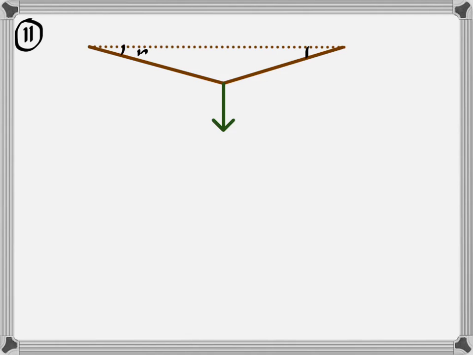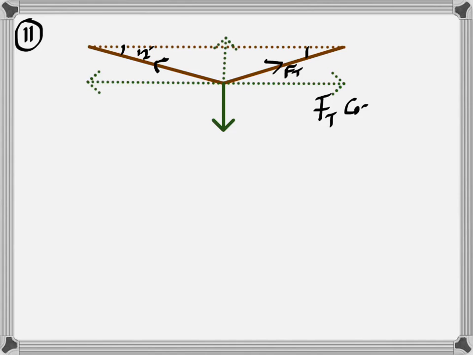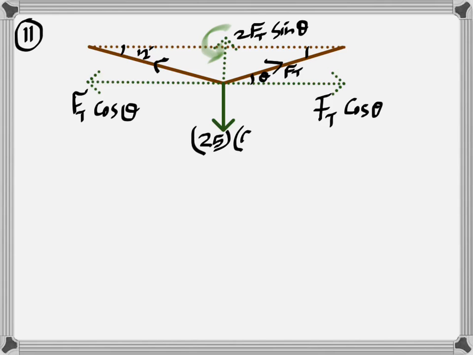11. This is a tough nut to crack. Well, in the first part, it is similar to another question that we did. As you may recall, you see the FT cos theta is cancelling out, and 2FT sin theta becomes equal to the weight. So from that, we can find the tension, as before.